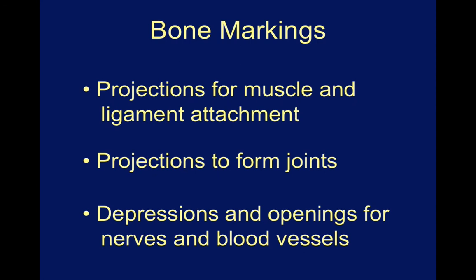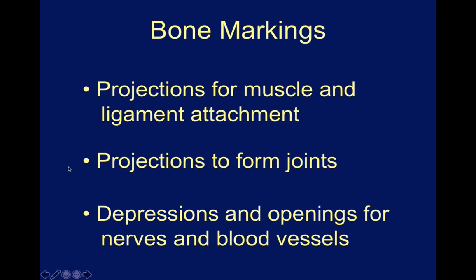But what I want you guys to specifically be focusing on as we go through the bone markings is defining what these bone markings refer to and classifying them into their respective groups. There are lots and lots of bone markings that can be found on the skeletal system, and some structures will have very similar names. But based on the type of bone marking that we're looking at, we can classify it based on its role.